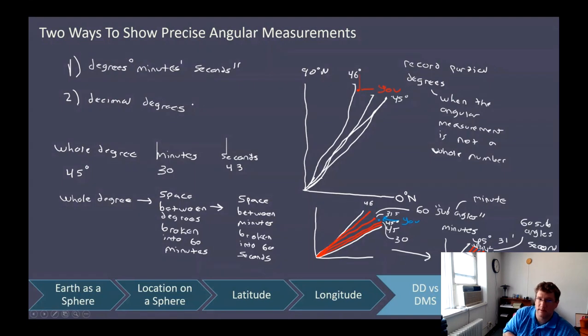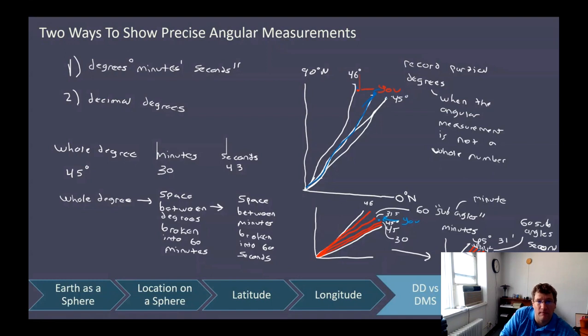Now, decimal degrees, to me, are a little bit more intuitive, because with what decimal degrees does, if we go back to this example here, and I want to make it a little more clear, right, you are this angle right here, this angle right here is you. Right, so you're here, right?